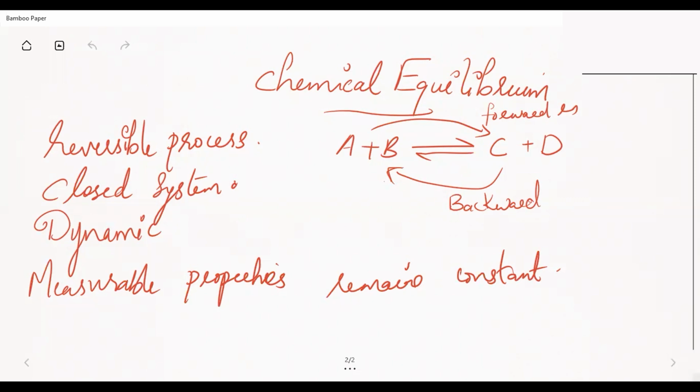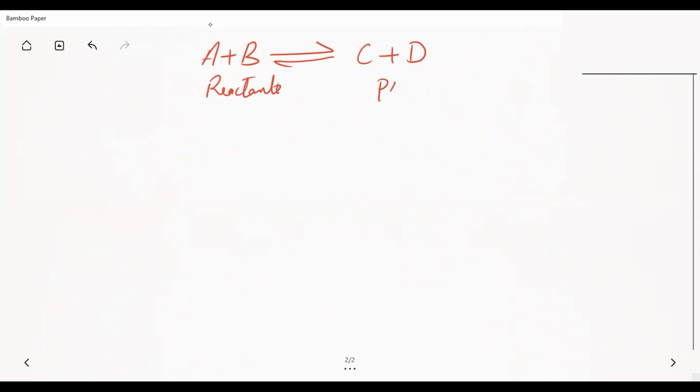Now let us discuss in detail. Let's consider two chemical reactants, A and B, reacting together and forming C and D as products. We call these the reactants and these two the products. Initially, before the starting of the reaction, there is only A and B, right?